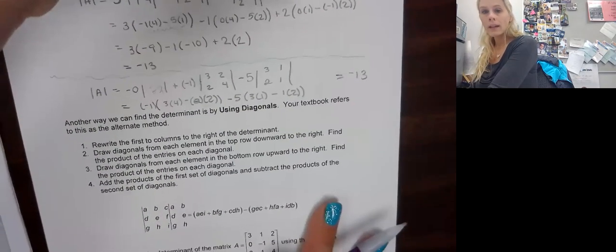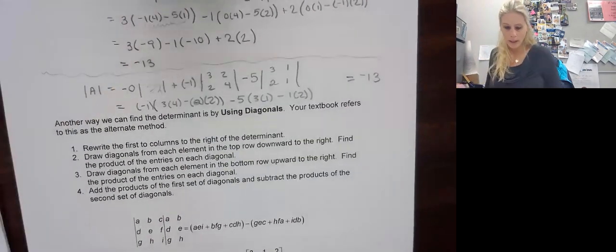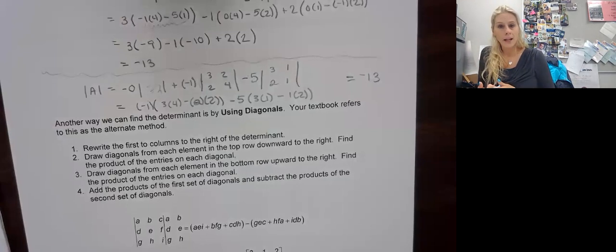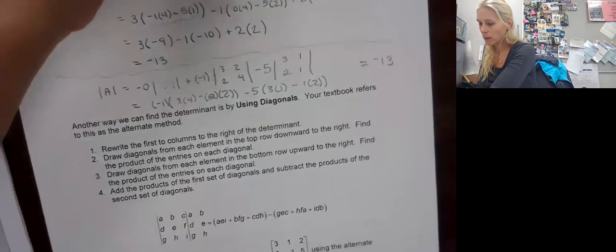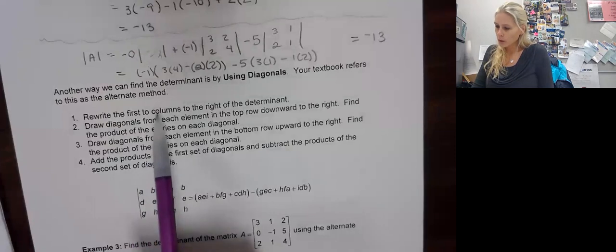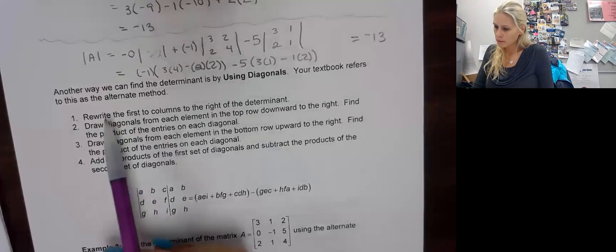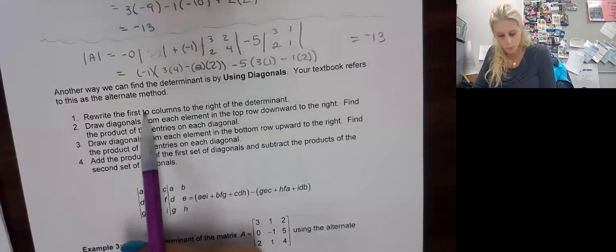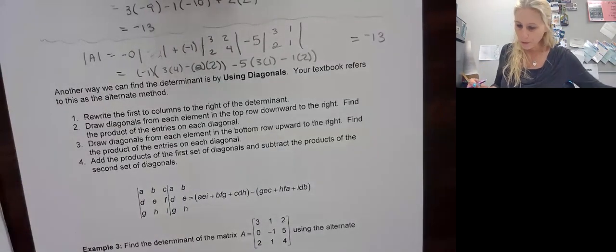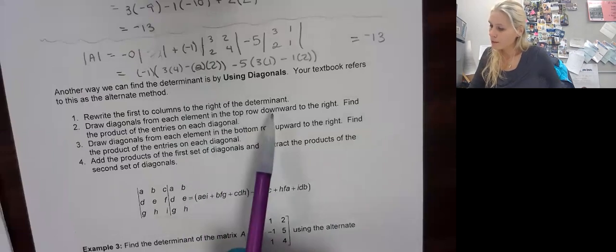Okay, so that is one way that we can find the determinant. The other thing that we can do is use the diagonals. So here's what we're going to do. Rewrite the first 2 columns to the right of the determinant.